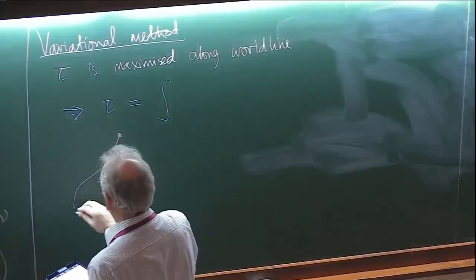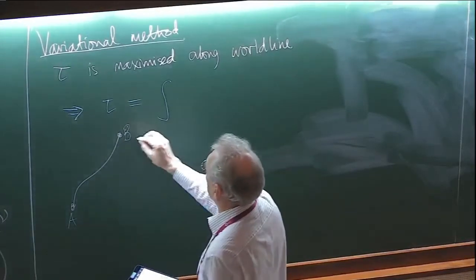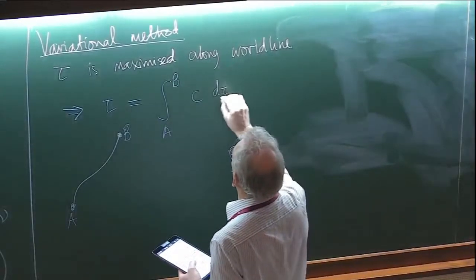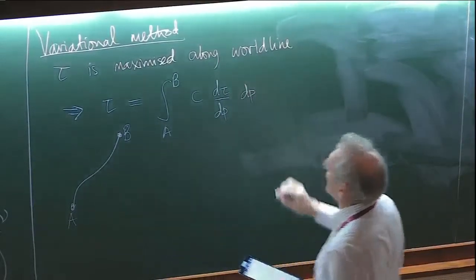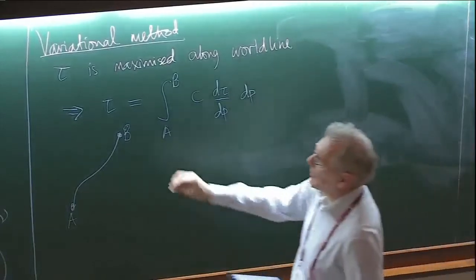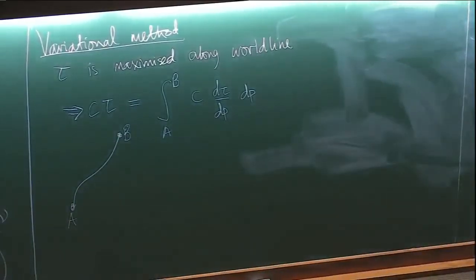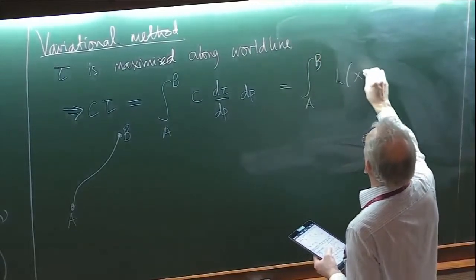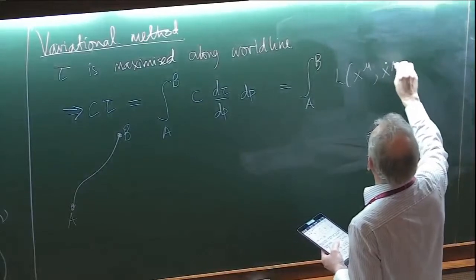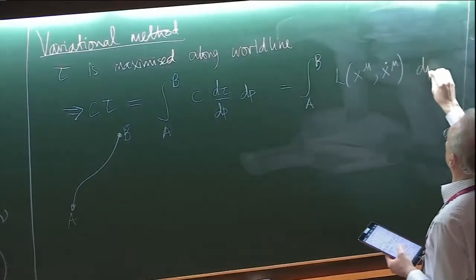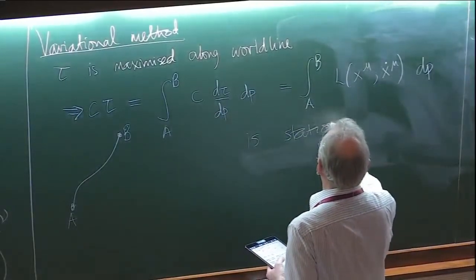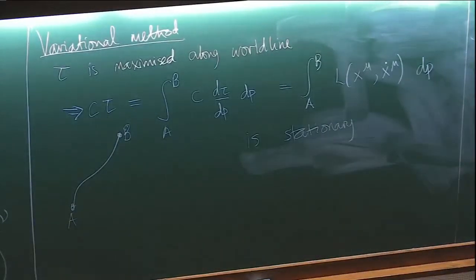So if we have some world line that has fixed endpoints at A and B, say, then the proper time, or c times the proper time, integrated along the path is stationary. So we can write this in terms of a Lagrangian which depends on the position and the four-velocity. And that quantity is stationary.